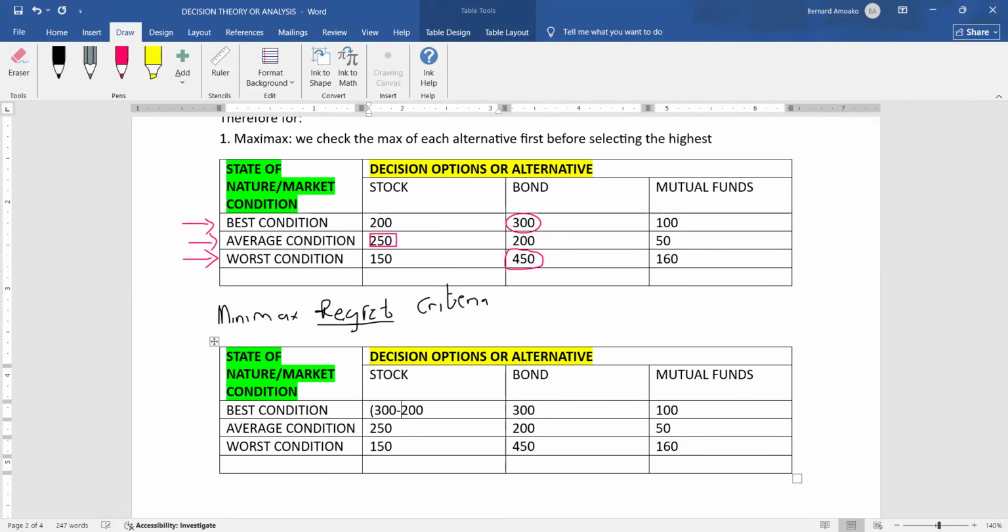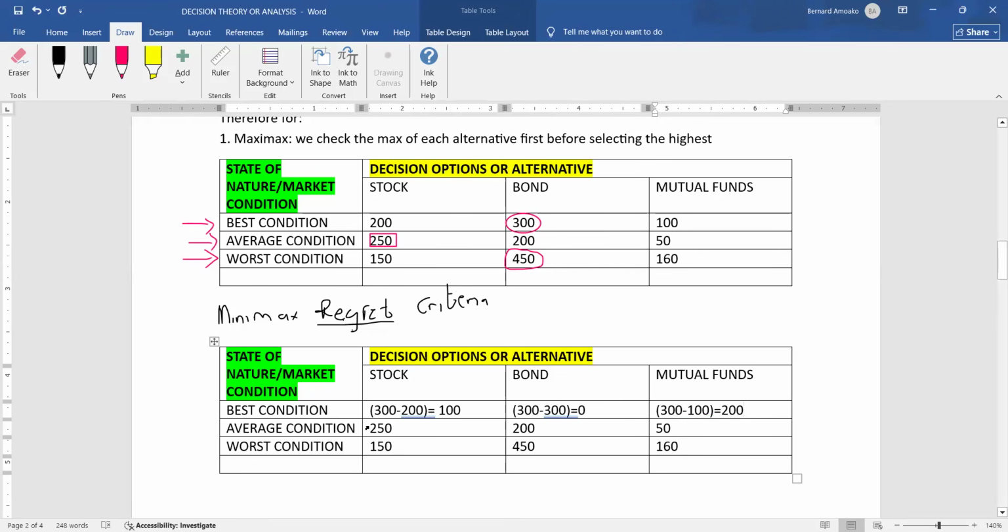Under the first table, if I'm unable to go for the 300, what would be my regret? 100. If I'm able to go for the whole 300, what would be my regret? 0. If I'm also unable to go for the 300 and I decide to go in for 100, what would be my regret? 200. I'll be regretting 200.